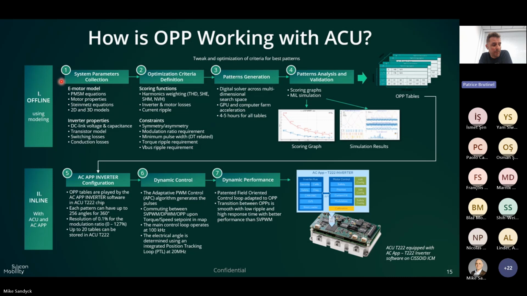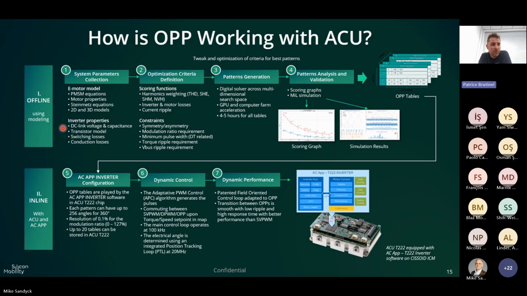Usually we input LD, LQ lookup tables, ID, IQ. We need stator resistance data and other kinds of system information, as well as for the inverter. Of course, we need transistor models, switching losses, conduction losses, and DC-link voltage and capacitance characteristics.